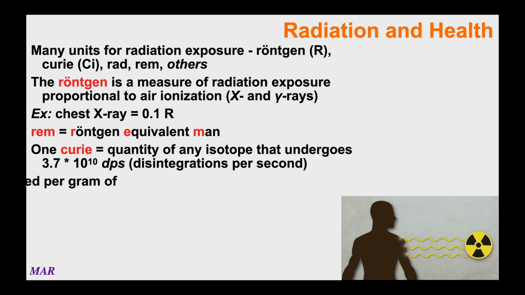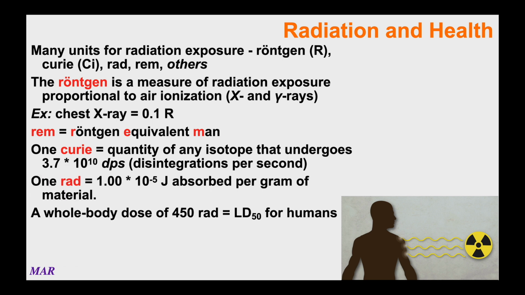disintegrating per second. A rad is equal to so many joules absorbed per gram of material. So a rad is just 1.00 times 10 to the minus 5 joules. And if a person gets 450 rads, this creates what's called an LD50 for humans.